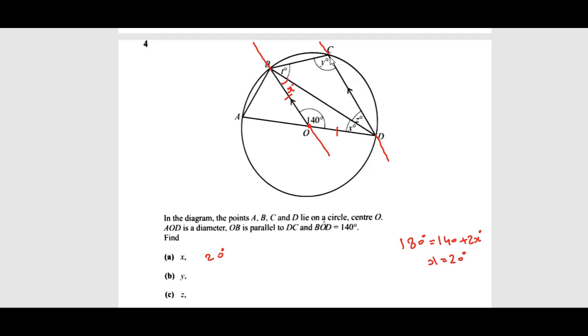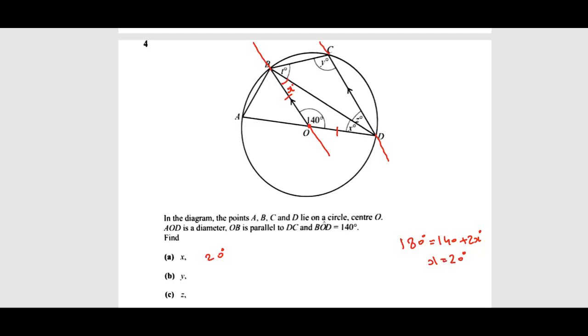What about y? How do we calculate the angle y? 180 minus 140.